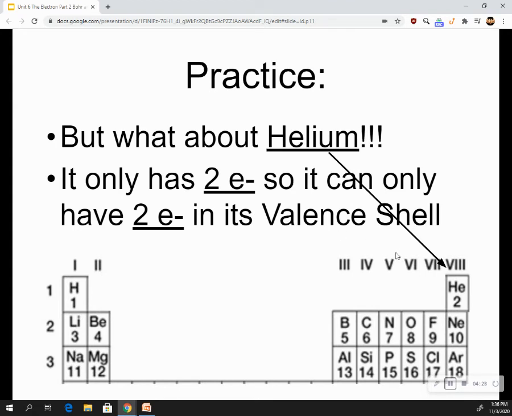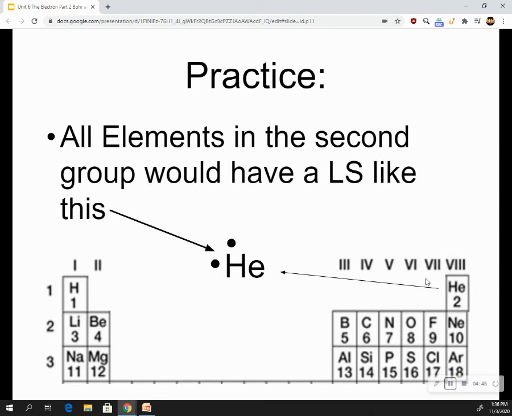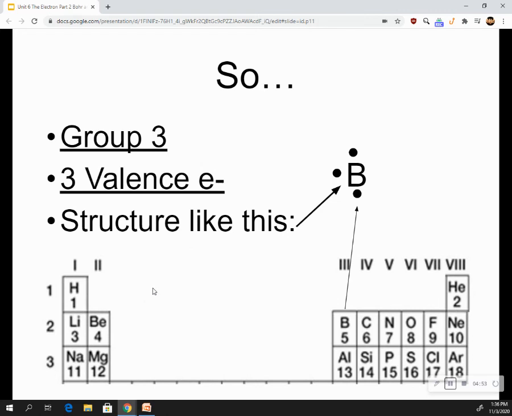So the only difference is we can move helium to group 2, because we know it has 2 in its outermost shell. It is a noble gas, so it is in group 18, but we know it can only hold 2, so it's filled up. So it is the only one that is the exception to the rule. But technically, in this case, we can move it to group 2 just to make it safe.